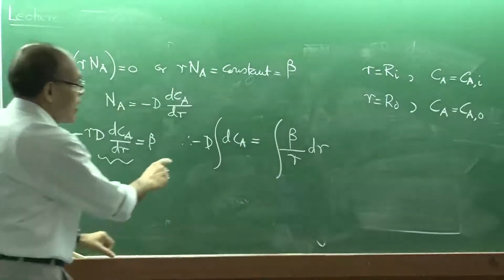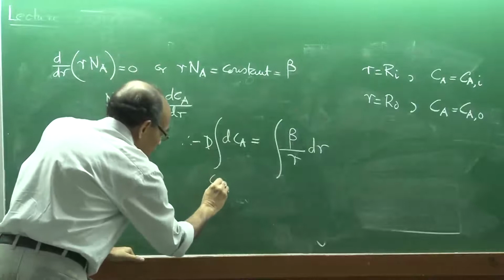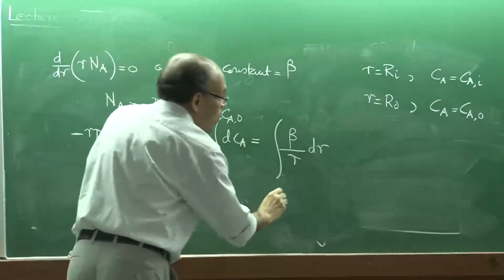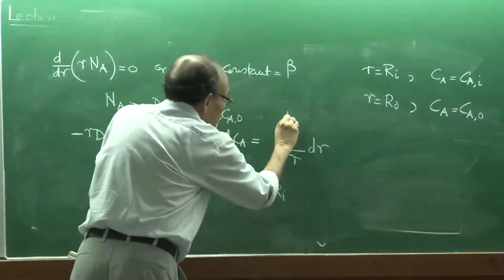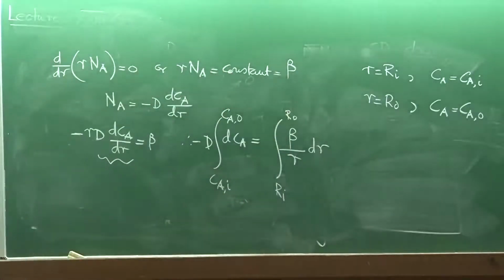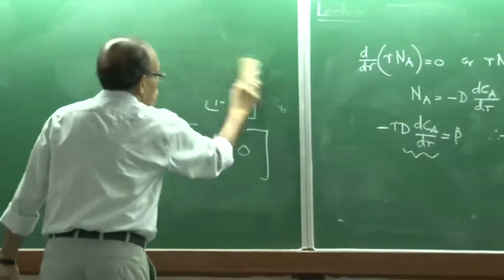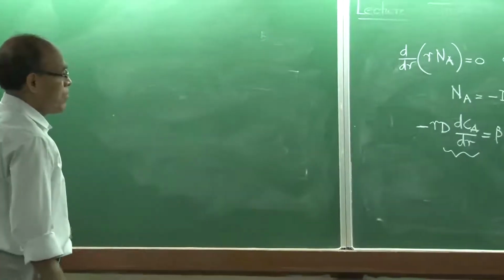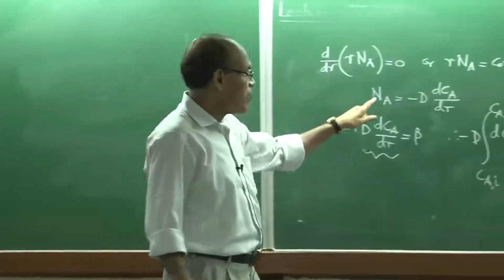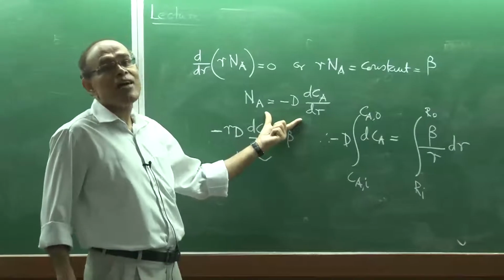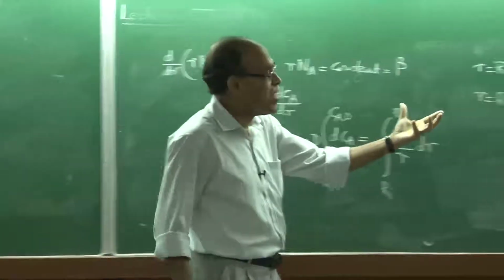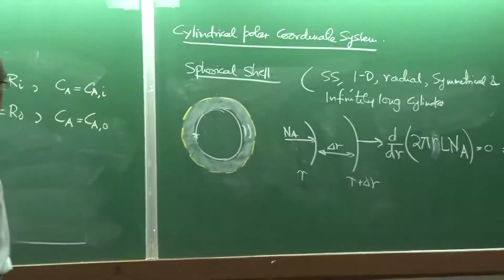Same approach, and the integration limit will be for CA, we have CA lower limit and CA outer limit, and we have the lower limit of R and upper limit of R. And this gives us, now, since the flux expression, this derivation I have not shown in the case of the heat transfer problem, but the case we are considering is pure diffusion through a solid medium.